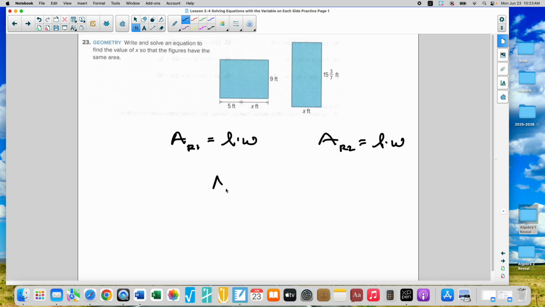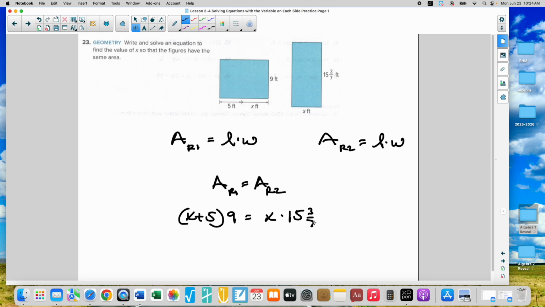When will the area of rectangle 1 equal the area of rectangle 2? The length is x plus 5 times the width, which is 9 feet. And the length is x times 15 3/7.